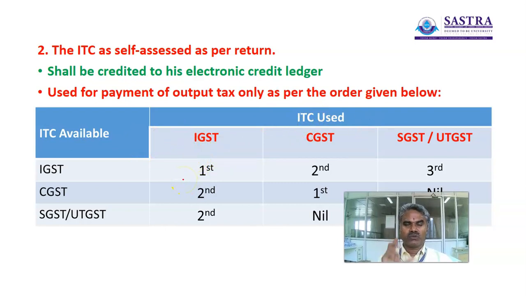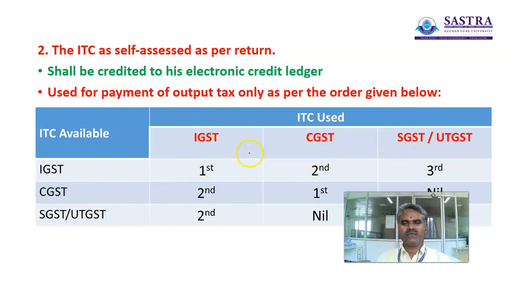When you have both input tax and output tax, before making a payment, you have to adjust all the input tax available in hand against the output tax. So this is the manner of using ITC. The manner of utilizing ITC is very, very important.